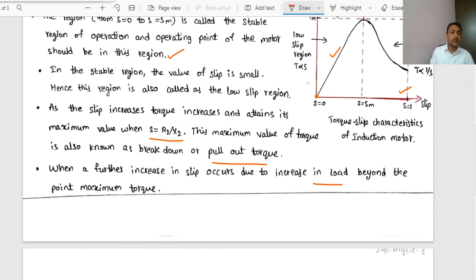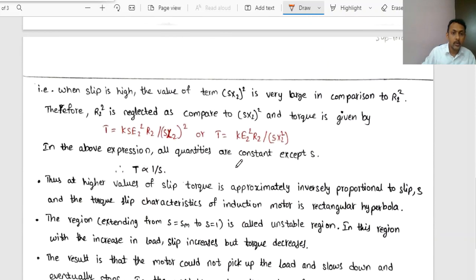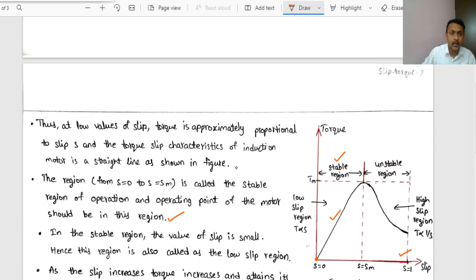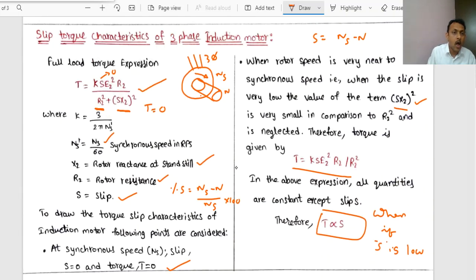For example, if slip is made high, if (sX2) whole square is very large compared to R2 square, then R2 square can be neglected in this equation.